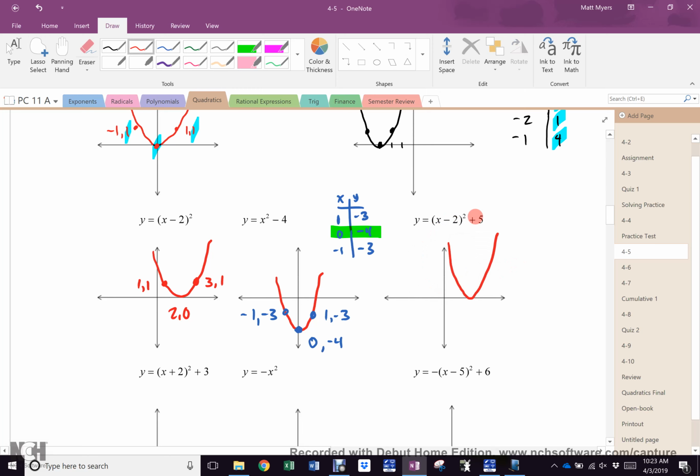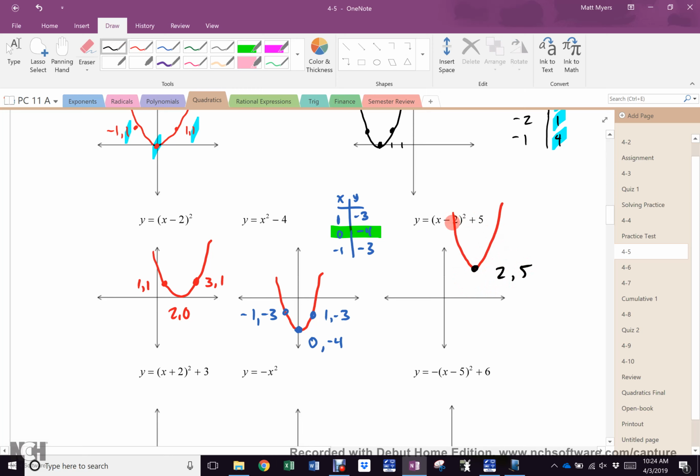What direction will that move the vertex? 5 up. Just like here, right? So what does that make my vertex now? Makes it 2, 5.